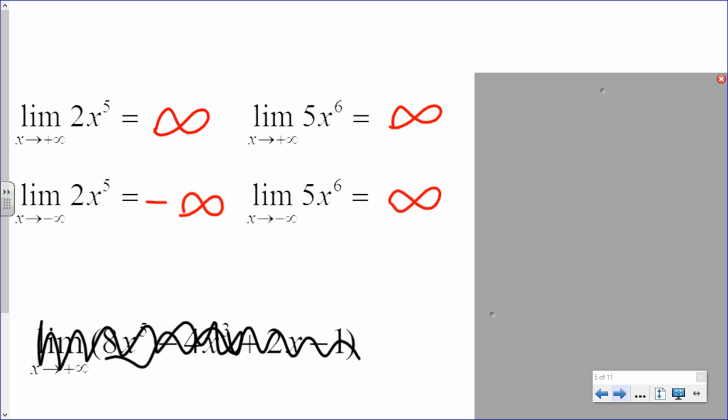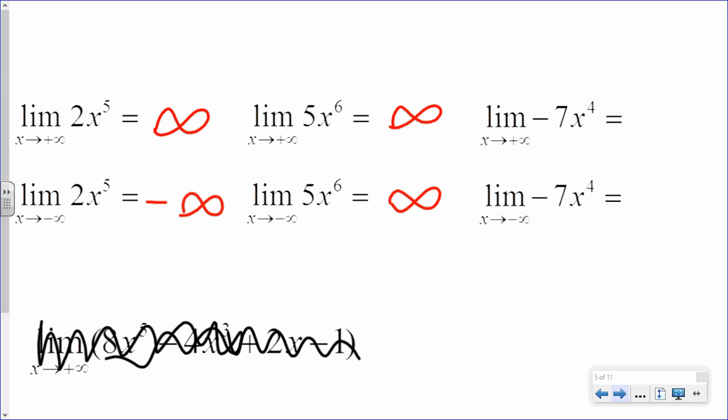All right, good. Negative 7x to the fourth is my last polynomial that we'll look at from both directions.